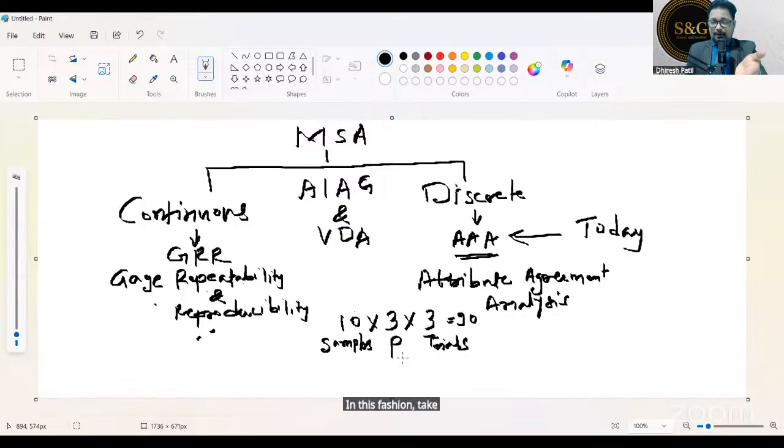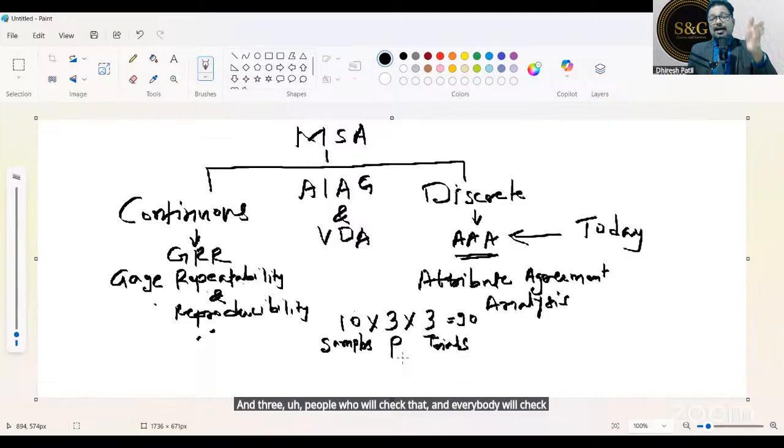Now, for attribute agreement analysis, yes, no, accept, reject kind of a thing, you take 10 loan files, for example, and 3 people who will check that, and everybody will check each file 3 times.